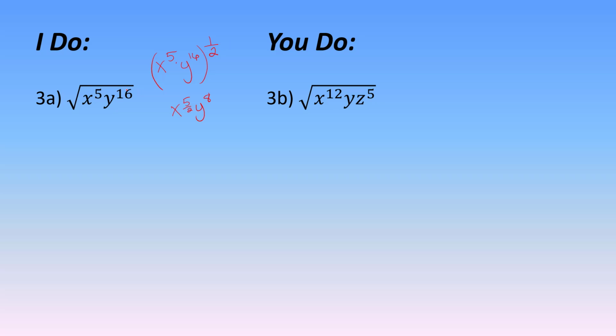The alternative way of processing this problem comes from your understanding of deconstructing exponents. You want to deconstruct your exponent to end up with an even exponential power. So that would look something like, well, the next lowest even number is x to the 4th. What do I need to multiply by x to the 4th to get x to the 5th?